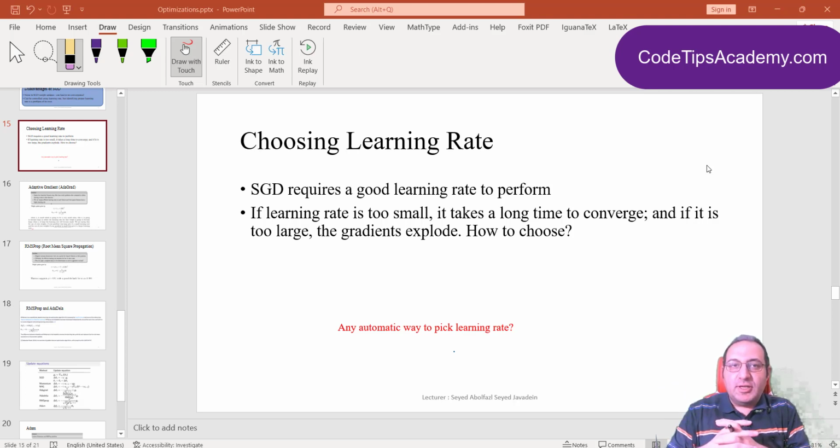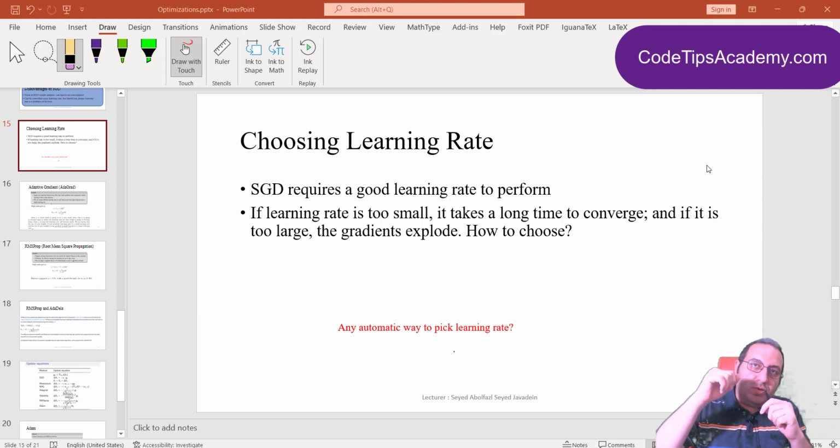The conclusion was that having a suitable learning rate is necessary to reach the global minimum in the loss function, and having a good learning rate is not an easy task. For example, if the learning rate is too small, it takes a long time to get to the global minimum.